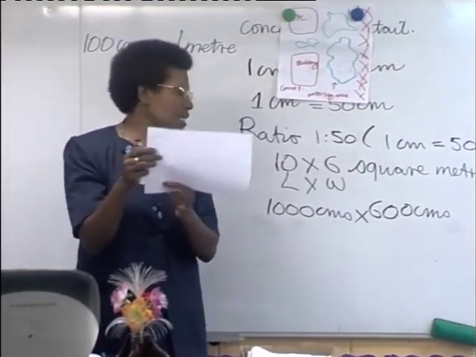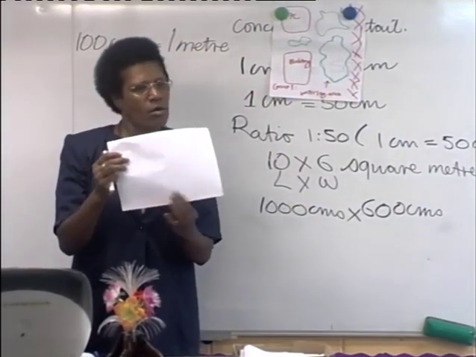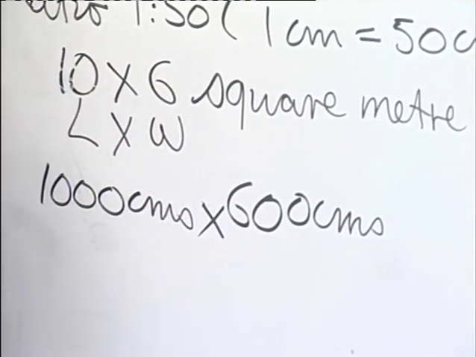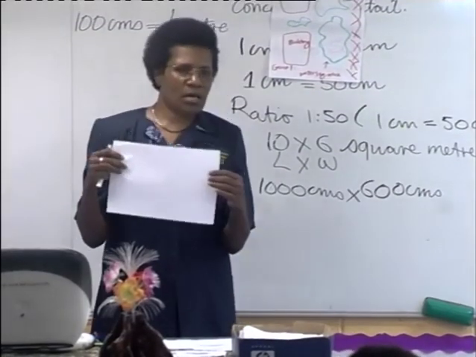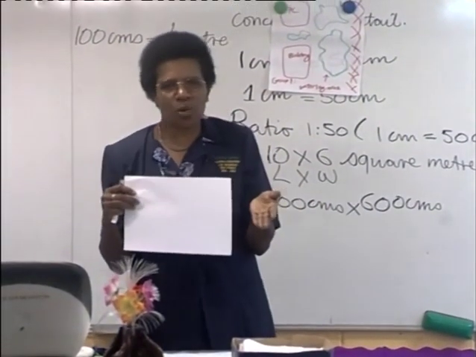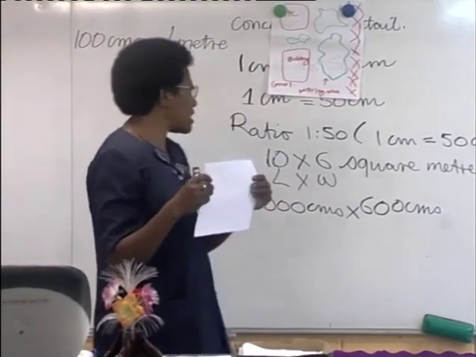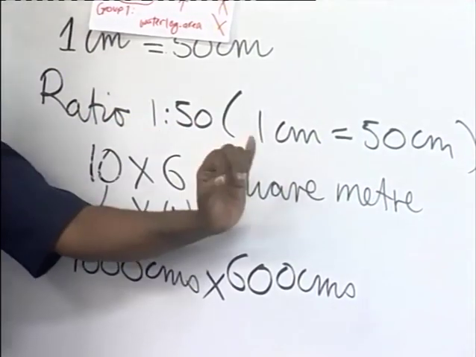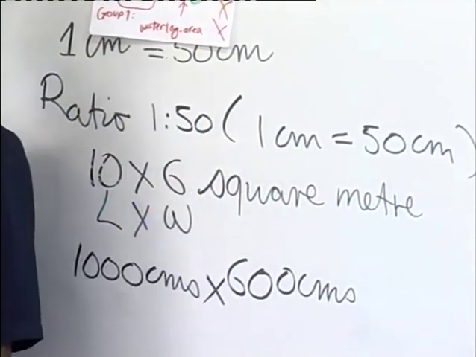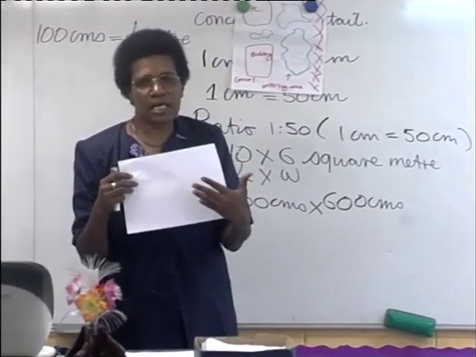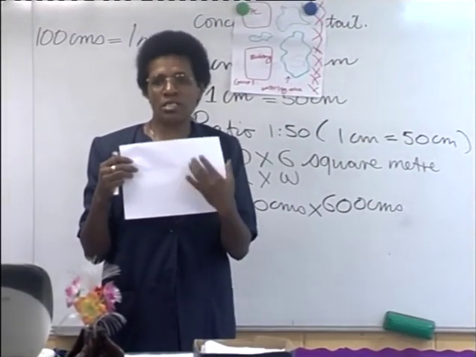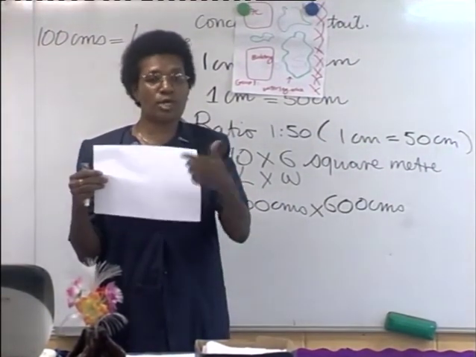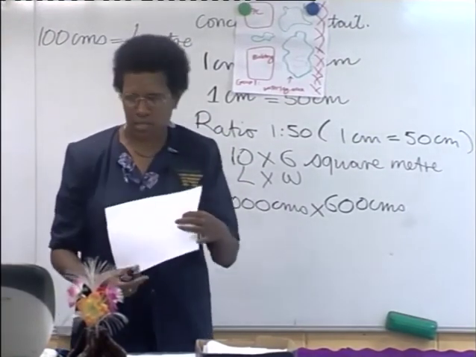We can't fit that 1,000 centimeters on this paper and even the 600 centimeters over here. And that is why, like it said in the definition, in scale drawing, we are going to be using the ratio of 1:50, which is 1 centimeter equals 50 centimeters. So we are actually decreasing the normal size, making it smaller so it can fit onto this paper, and you will be using A4 paper for your assignment.